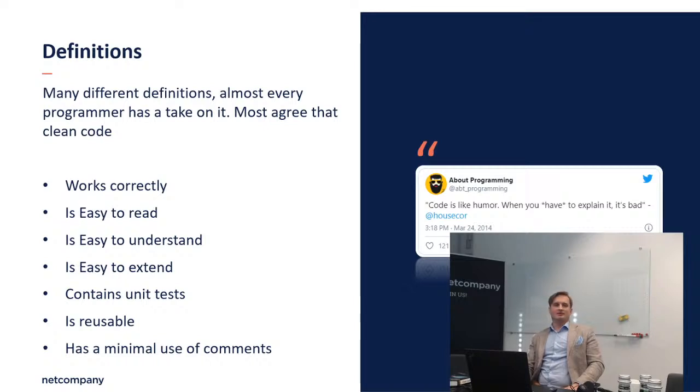There's this idea of self-commenting code, and that's what we aim for. And just like we can see here, the Twitter post, code is like humor. If you have to explain it, it's bad, which kind of makes sense.